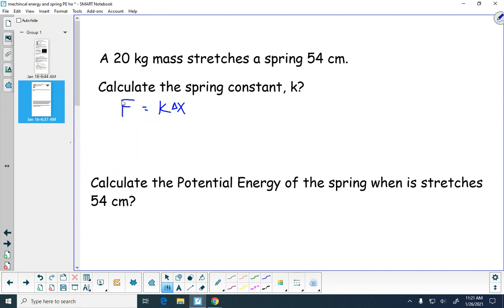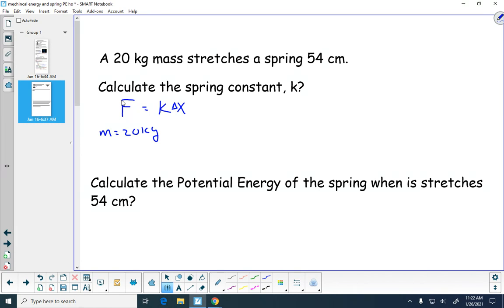Well, we have a 20 kilogram mass. How can we get a force from a 20 kilogram mass? Bennett, what should we do? We have a mass of 20 kilograms. What type of force? How can we calculate the force for that 20 kilograms?